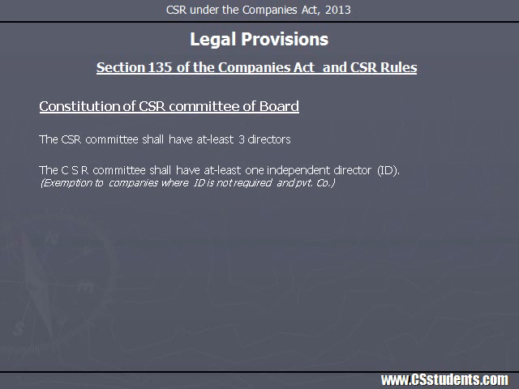Additionally, in case of private companies having only 2 directors, such private company shall constitute the CSR committee with only 2 directors. Foreign companies having place of business in India and covered under the CSR criteria, shall also constitute the CSR committee.